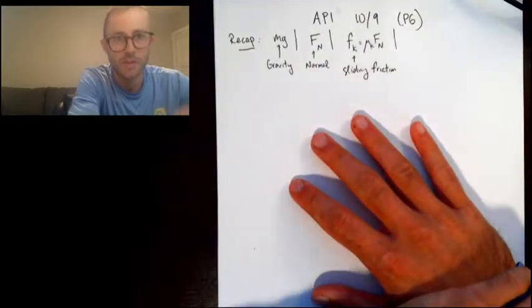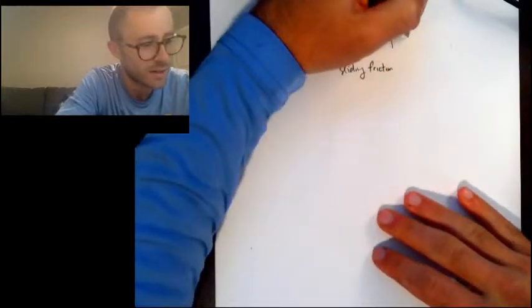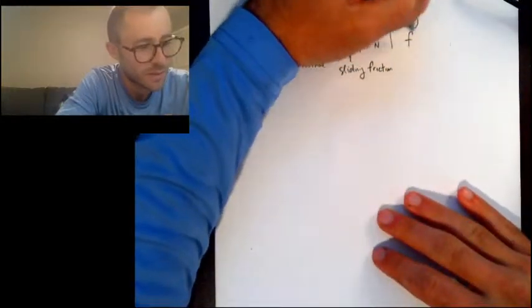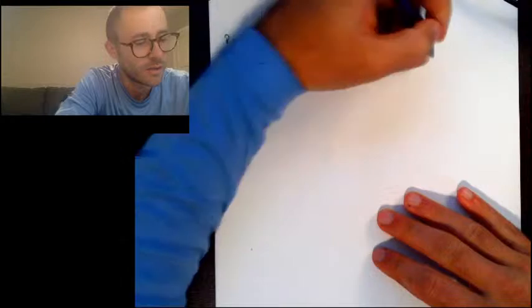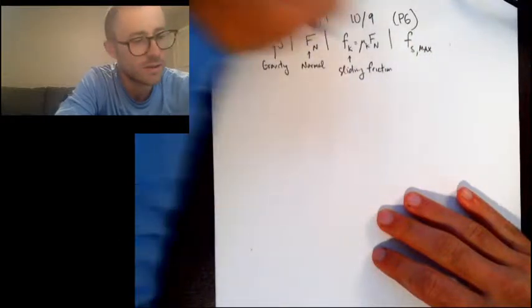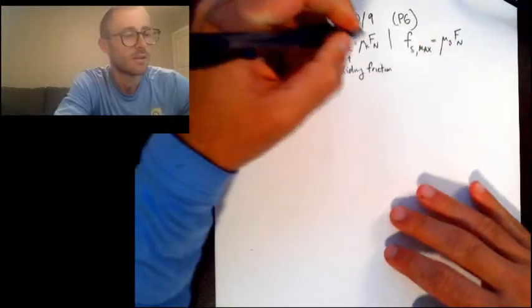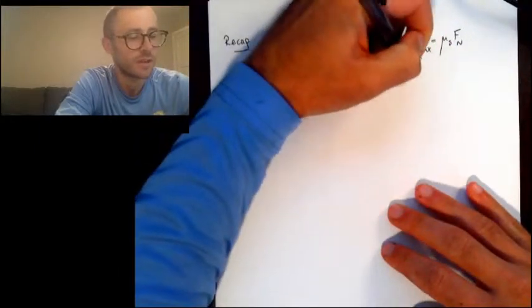If two surfaces are touching but they're not sliding, then that's called static friction. So that's mu sub s. And there's a maximum value that static friction can take, which is mu sub s times normal.